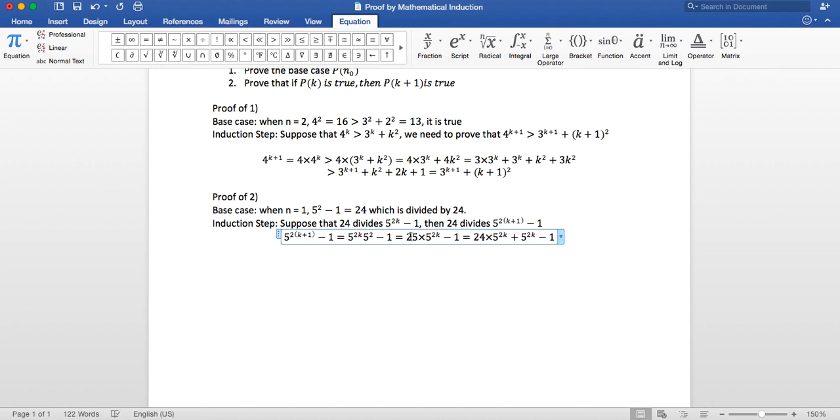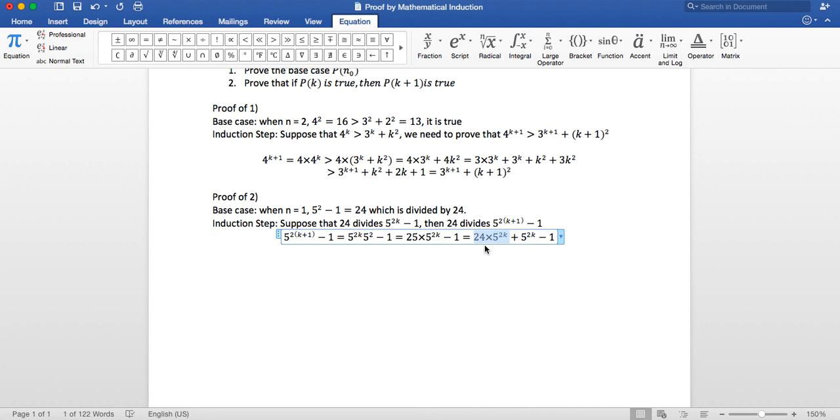Now notice I rewrite 25 times 5 to the 2k as 24 times 5 to the 2k plus 5 to the 2k. Okay. Now why do I write it this way? After writing this, I notice this sum can be divided into two parts. The first part is 24 times 5 to the 2k.